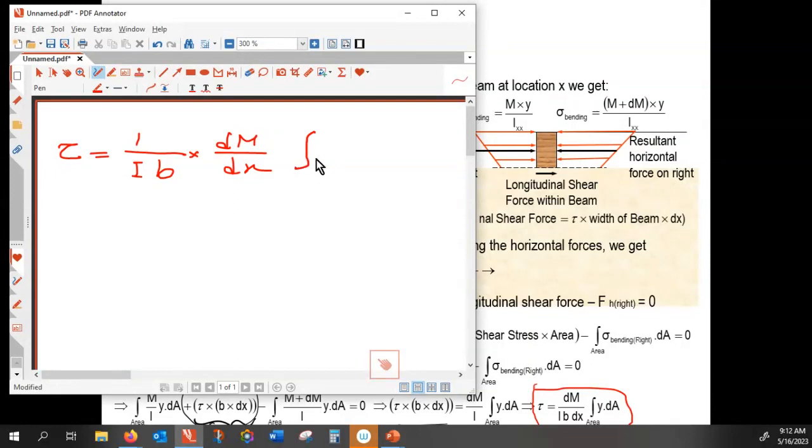And finally, an integral which is y multiplied by dA, and this is over the area. All right. I, that is the second moment of inertia.